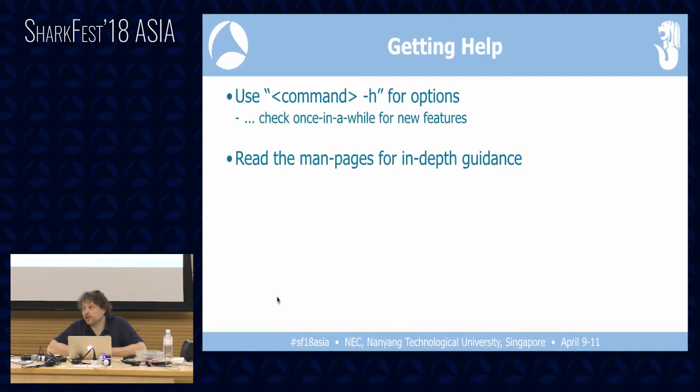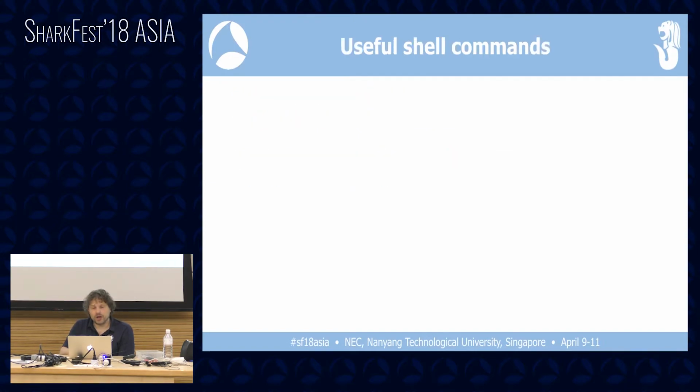Not every day, but once in a while there's new options. So if you do it once in a while, you can use -h to see if there's anything that you haven't seen before. Check it out and see what it does. The man pages are really useful. And of course, if you have a question, you can go to ask.wireshark.org and ask a question about it.